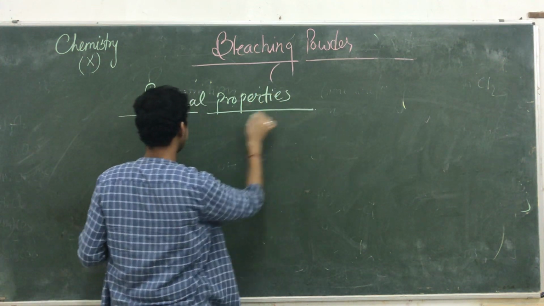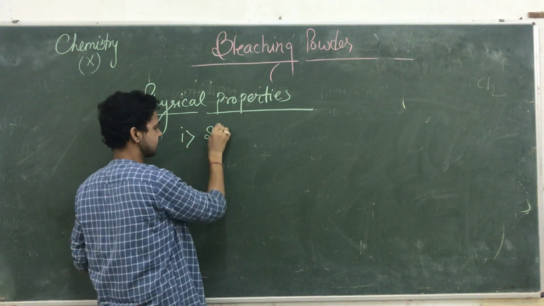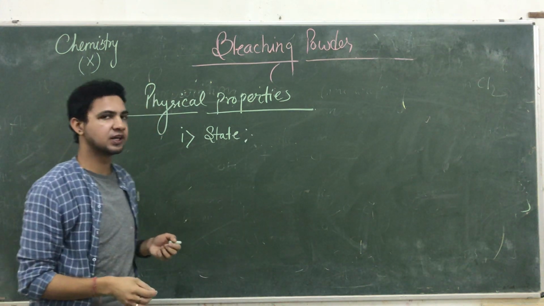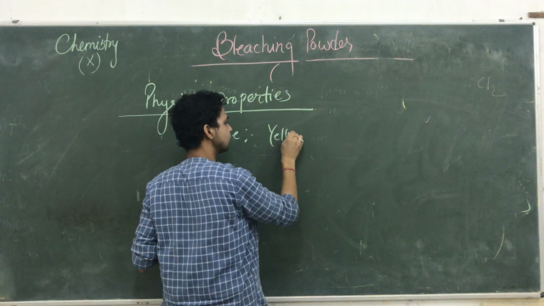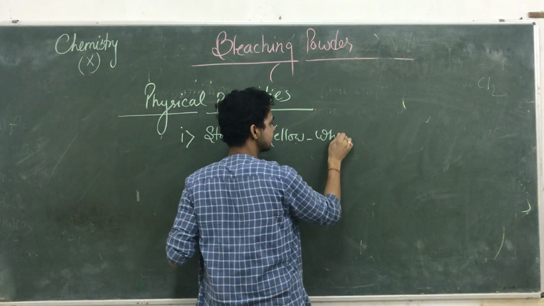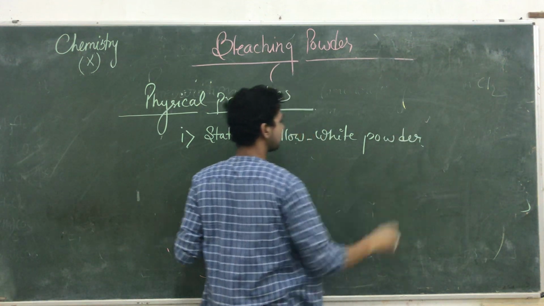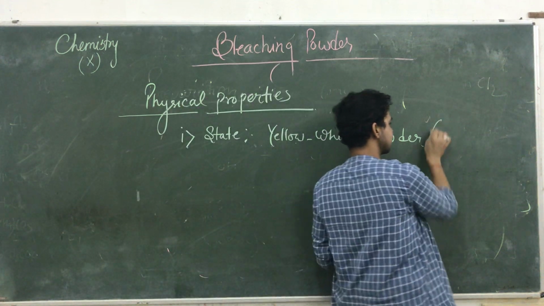The first physical property is its state. State means in which form it is available: liquid, solid, gas. It is a yellow white powder. In which phase do you get it? In powder form. And powder form in a scientific word is called amorphous.